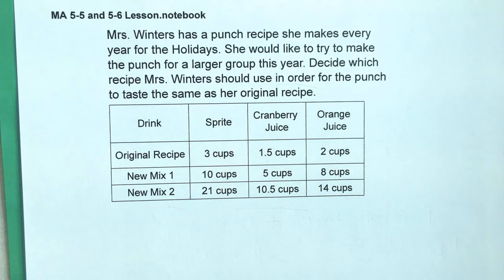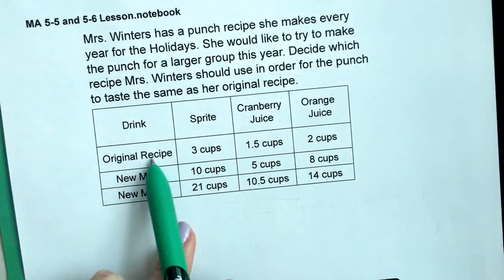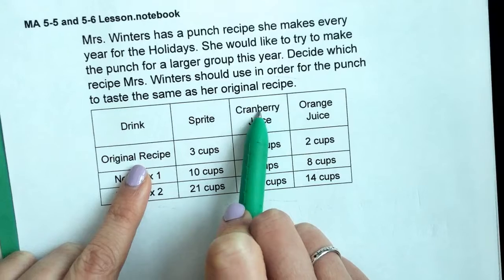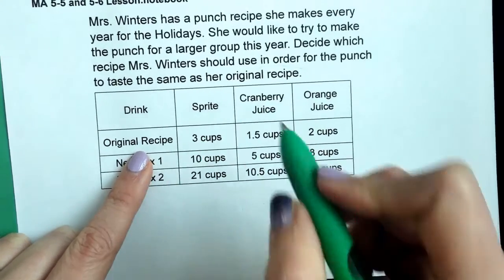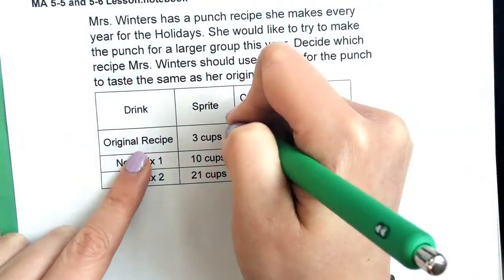So on this one, you need to make sure that the ratio for each type of juice, or each type of drink, I guess, that's being added to it is the same. So you have to look at the original recipe. What was the ratio of Sprite to cranberry juice? If you take 3 divided by 1.5, you see the ratio is 2.